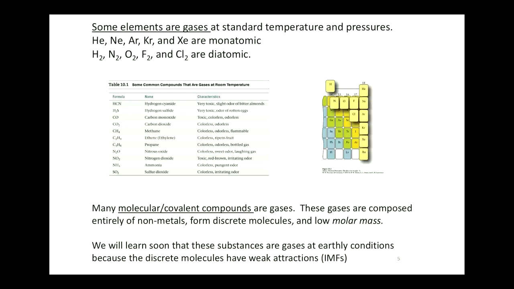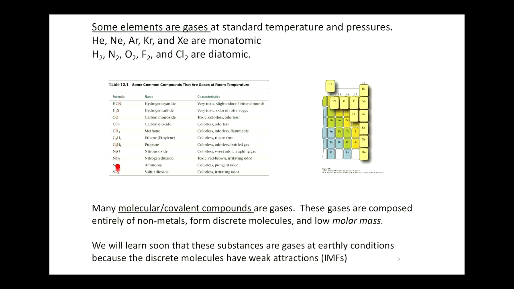They're molecules. What we'll see in chapter 11 is that these low molecular weight molecules end up having very weak intermolecular forces, so these particles are not very attracted to one another. So they very commonly exist in the gas phase at earthly temperatures and pressures.